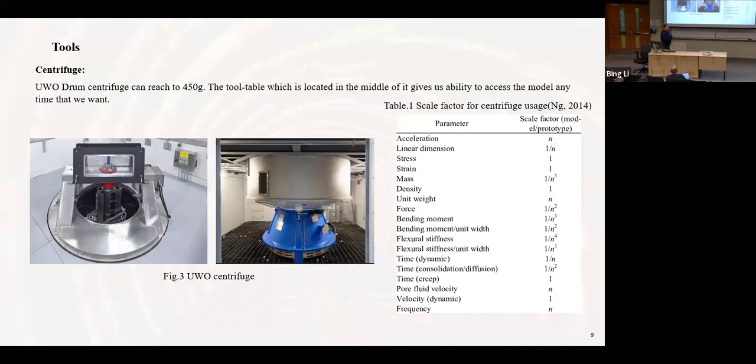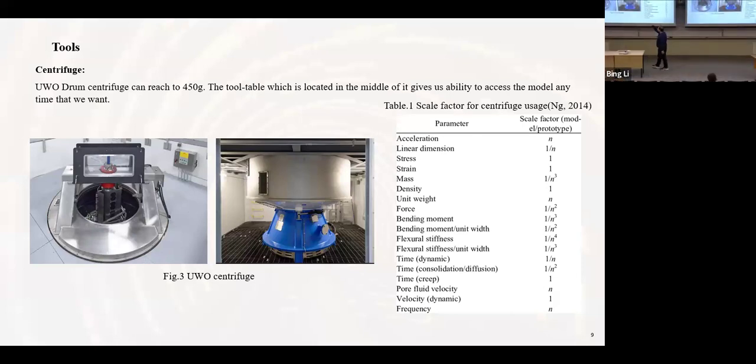So in that case, I would like to do that. For doing that, I have to use several tools. One of them is the centrifuge. As you can see here, it's 4 meters tall with a 2.2 meter diameter. It can reach 450 times Earth's gravity.